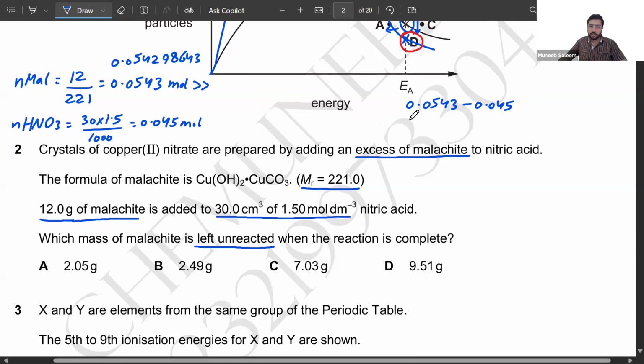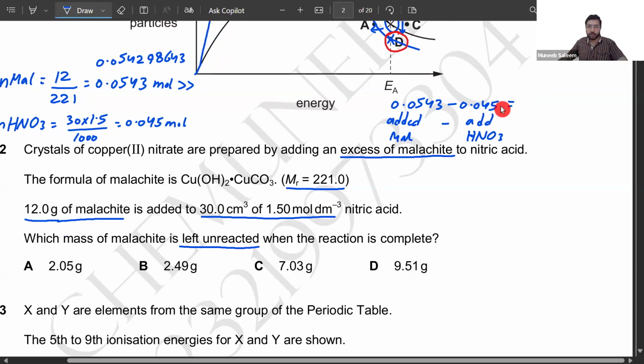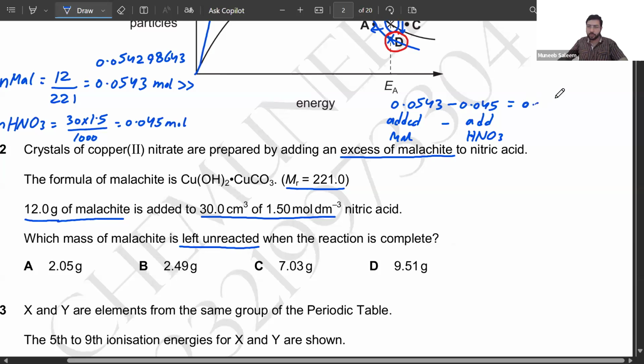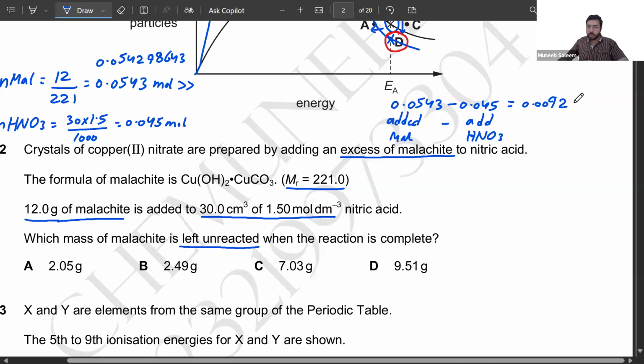Now this is the added value of malachite, and this is the added value of the nitric acid, and it is the limiting reagent here, the nitric acid. So the subtraction would give me 0.0092986 mole.